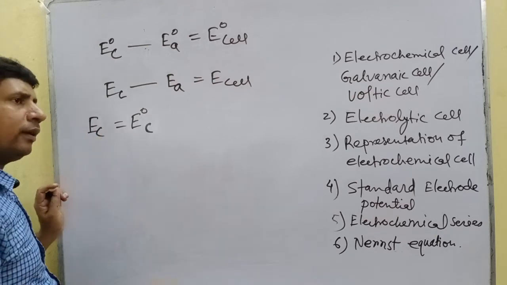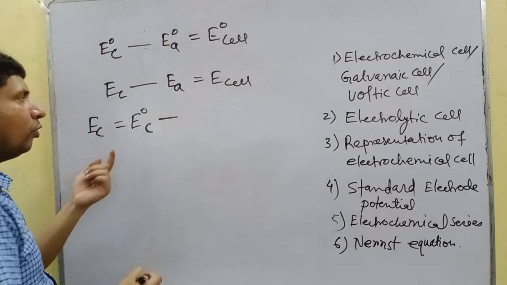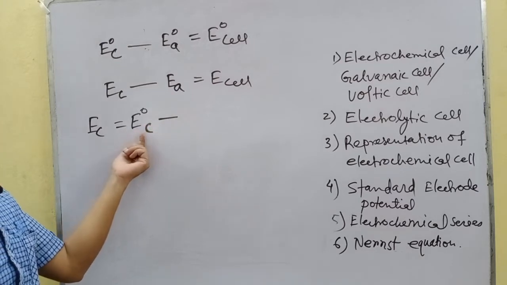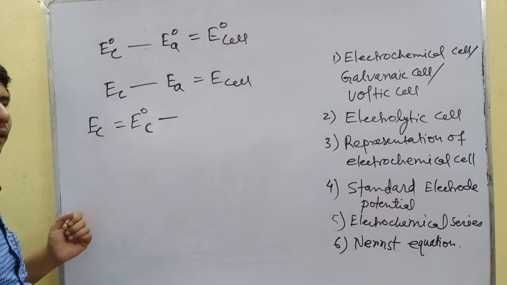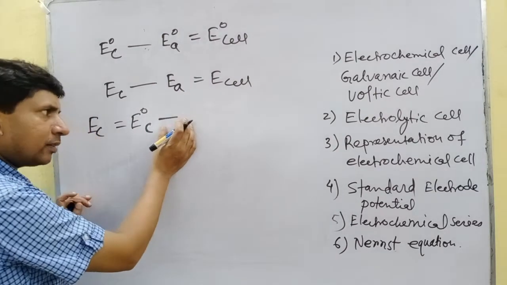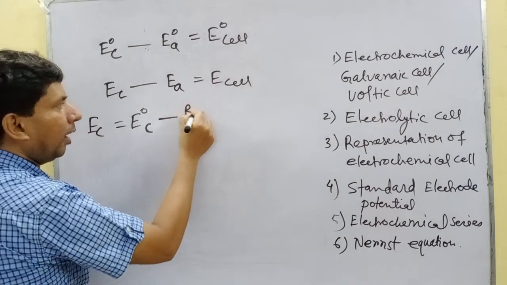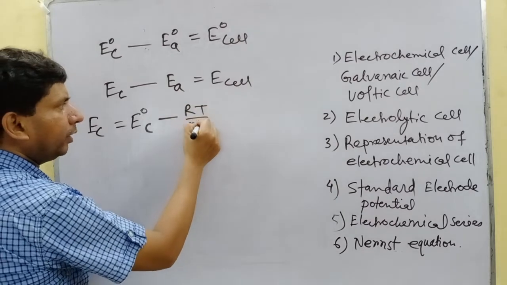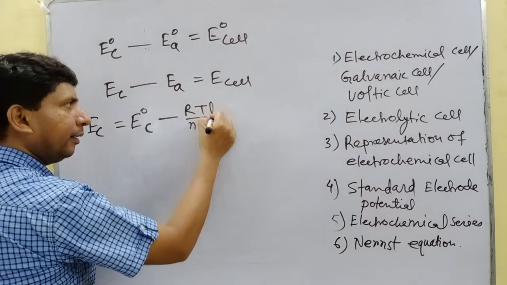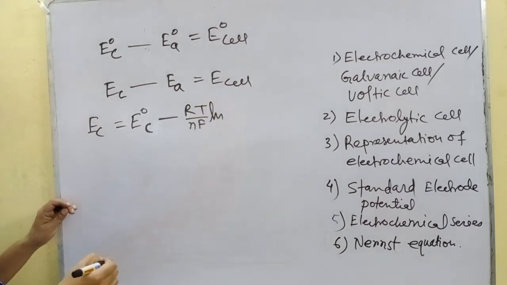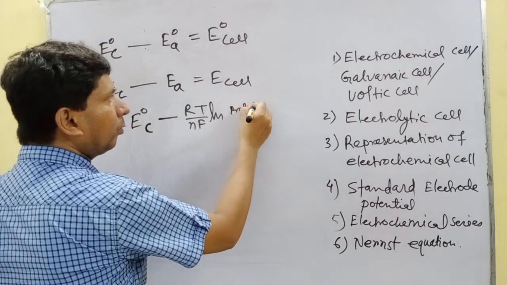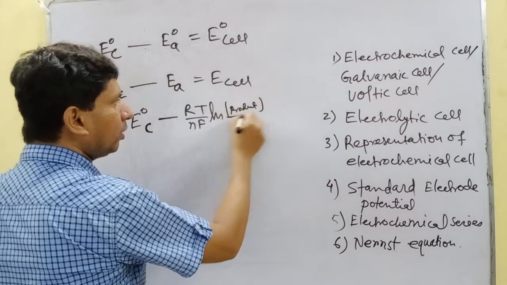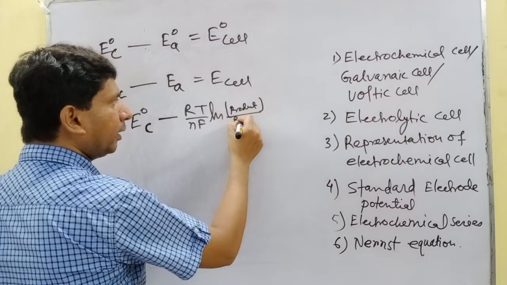If it is not standard condition, then something will be plus or minus with the standard condition. At first we will take that as minus, then RT by nF ln product concentration divided by reactant concentration.